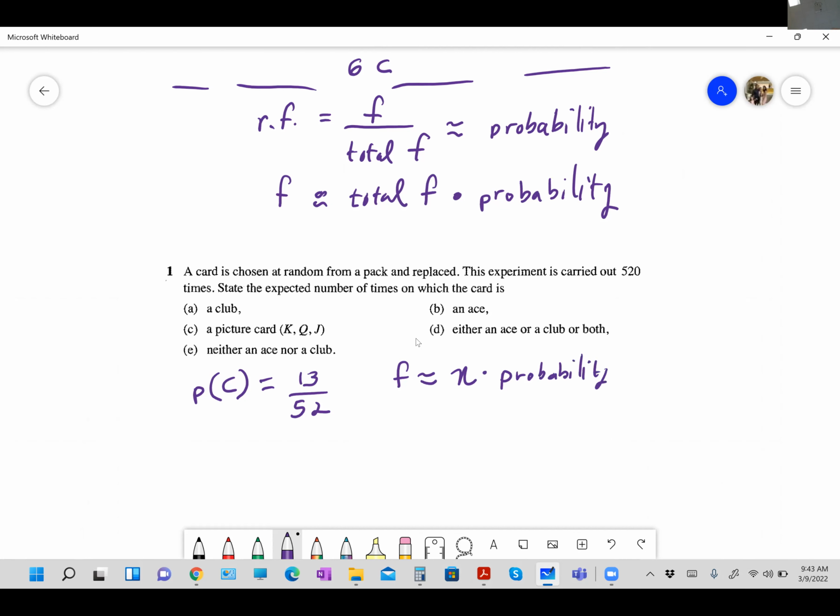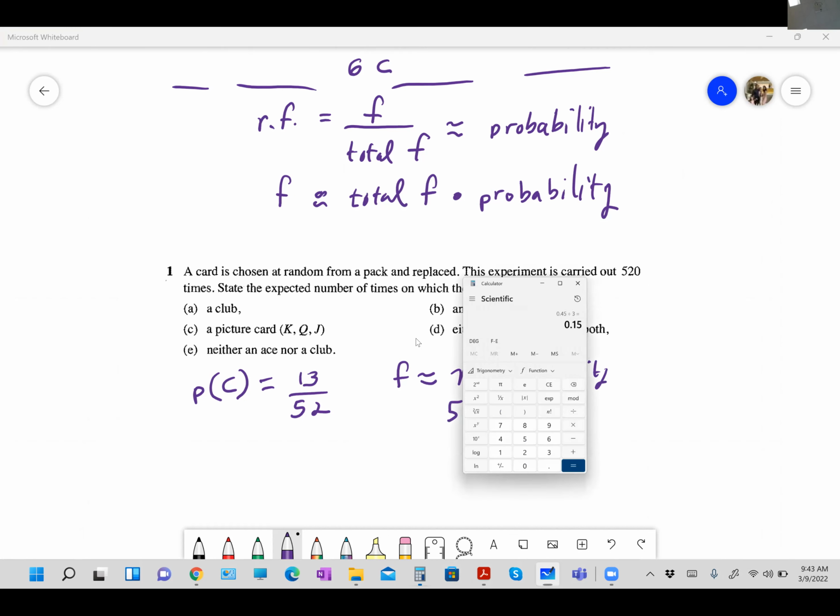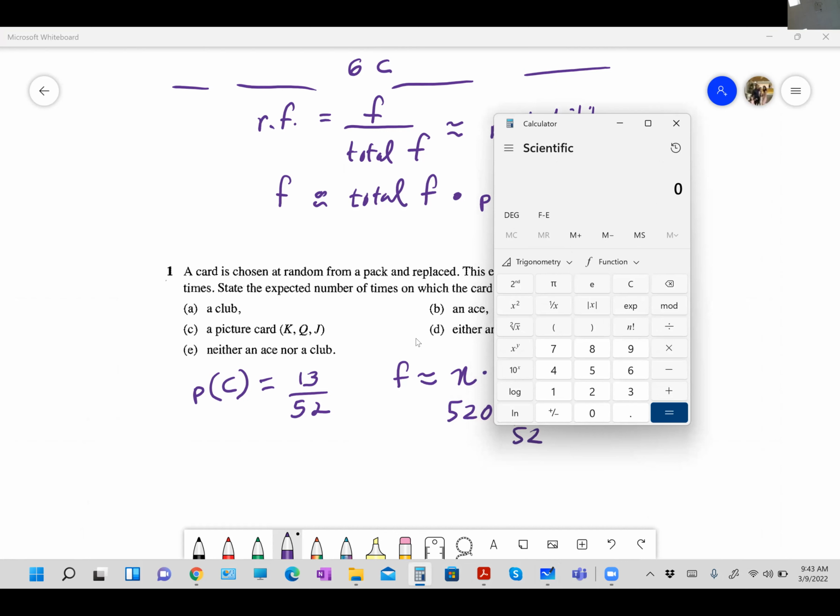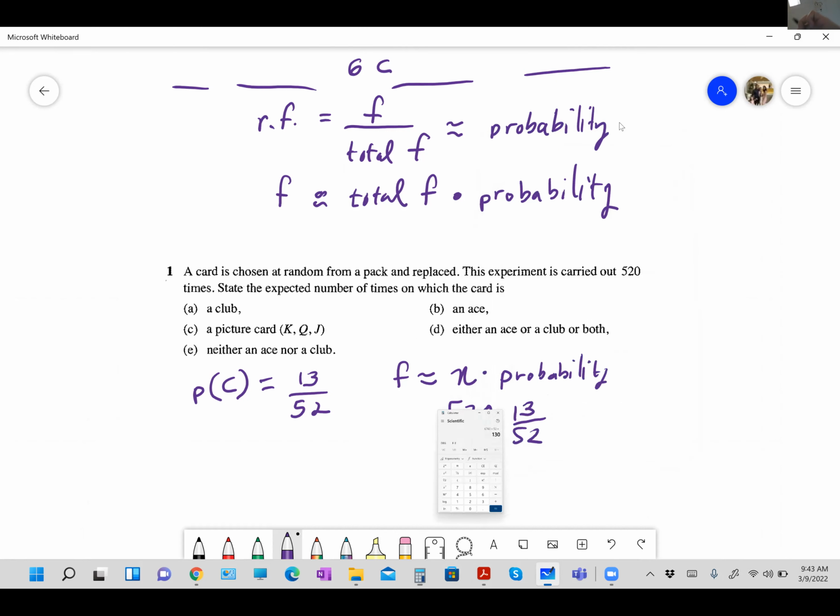So that's 520 times 13 divided by 52, which is 130. So you expect approximately 130 clubs. You'll get 130 hearts, spades, or diamonds. Now, there's no guarantee on this, obviously, but that's what we expect over the long run.